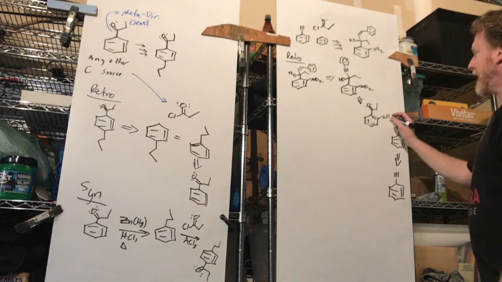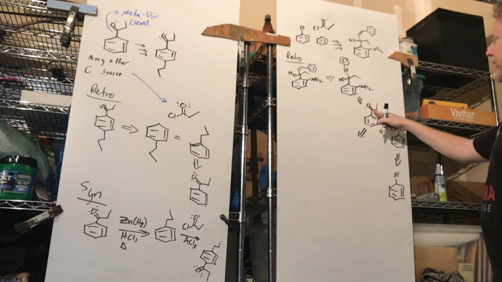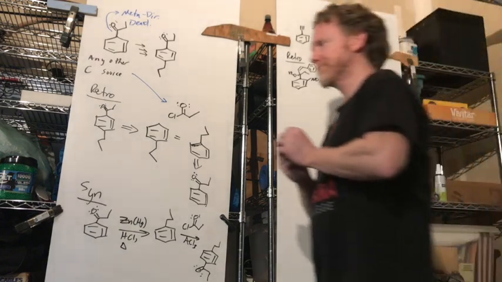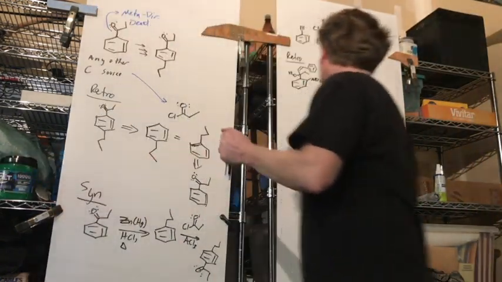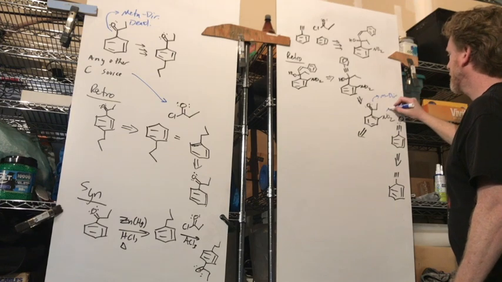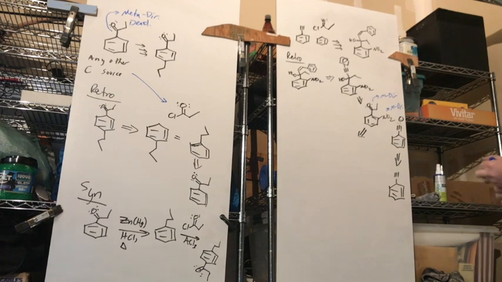Okay, and now this guy, we see, I've got a meta director and another meta director, but they're ortho to each other. Yeah, so something went on there, huh? Meta. So what's going on with that?